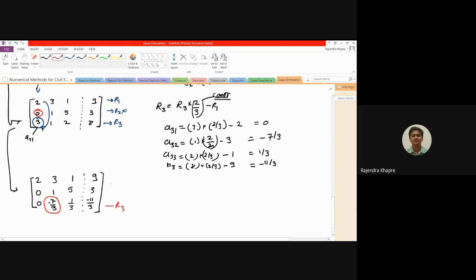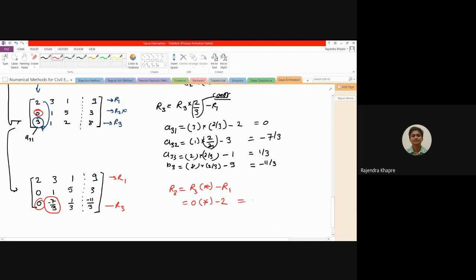But what will happen if you use R1 over here? Because if you do some operation like R3 equals R3 into some coefficient minus R1, it can be any coefficient. If you do this, what will happen to this particular element? This will be something like 0 into some coefficient minus 2, isn't it?